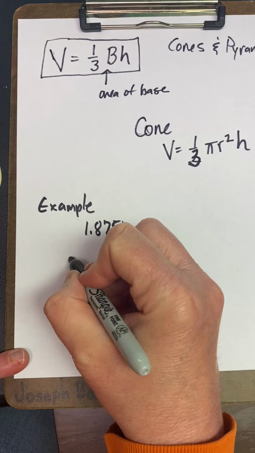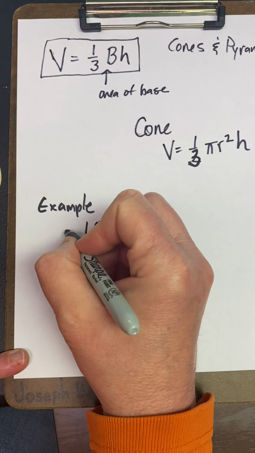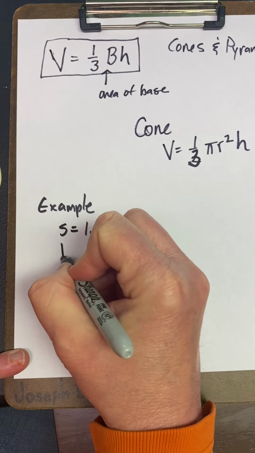So the volume, what was that? That was the side of the base, and the height.